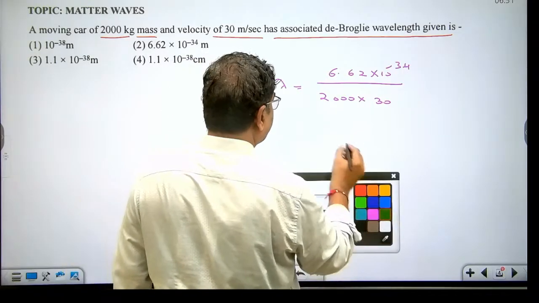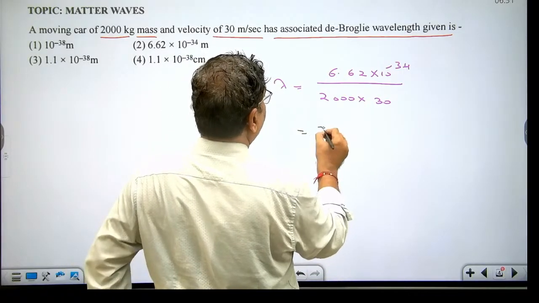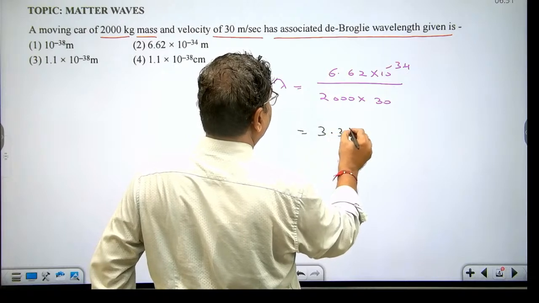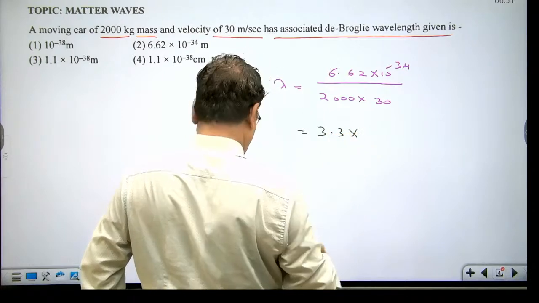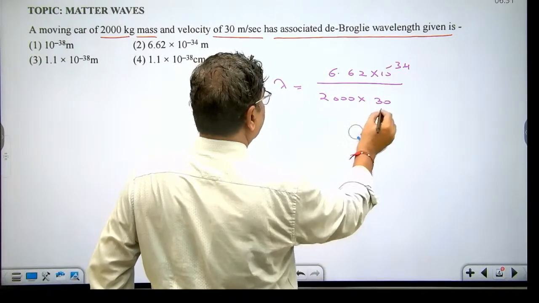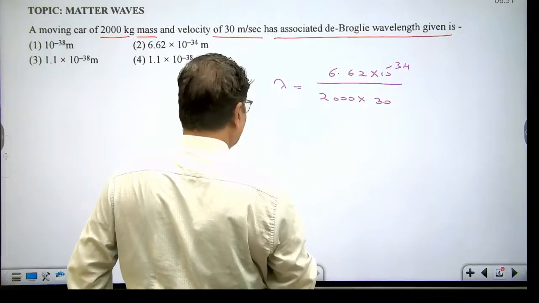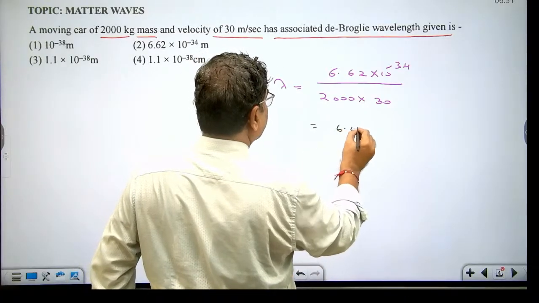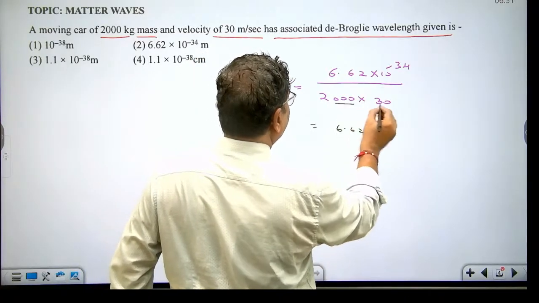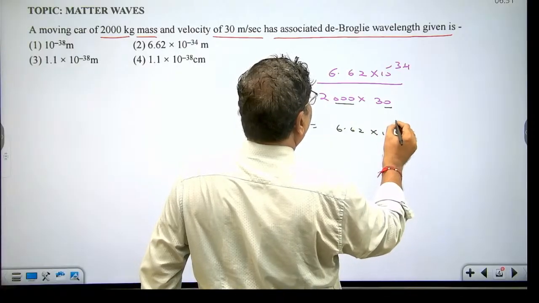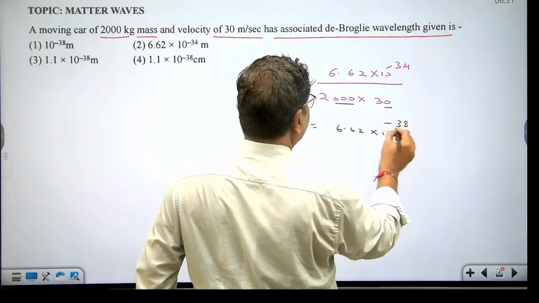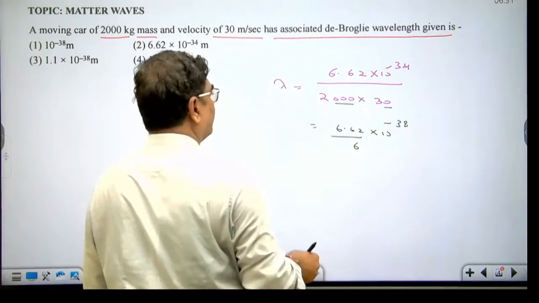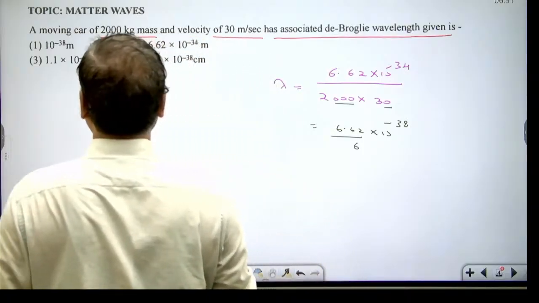After solving this equation, we will get approximately 3.3. First you divide this. This is 6.62 into 10 power minus 34, and 10 power 4 means 10 power minus 38 upon 6. So approximately 1 into 10 power minus 38 meter.